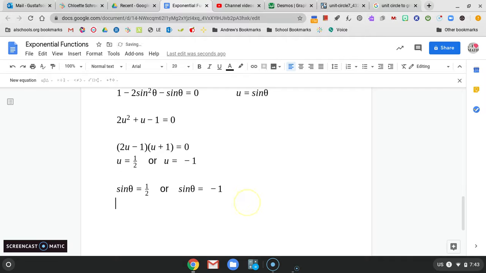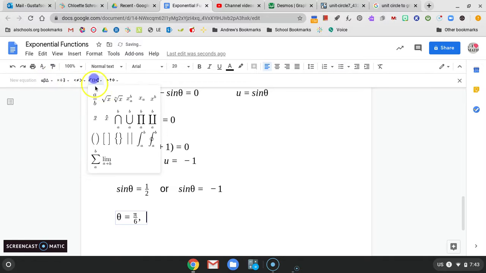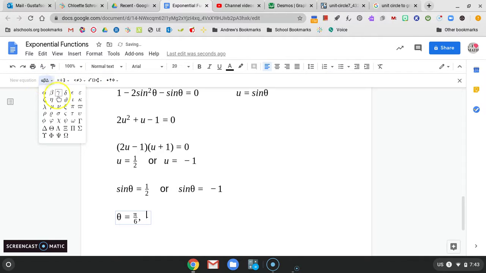So right here, theta could equal pi over 6, or it could equal 5 pi over 6, and then we saw that in the graph. I know I said I was going to hurry up, and here I am, talking some more and making this more difficult than it needs to be.